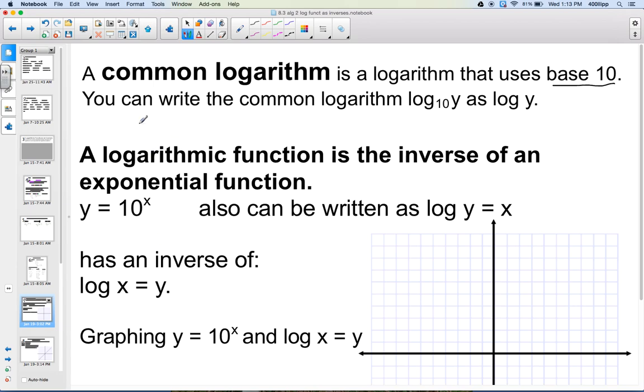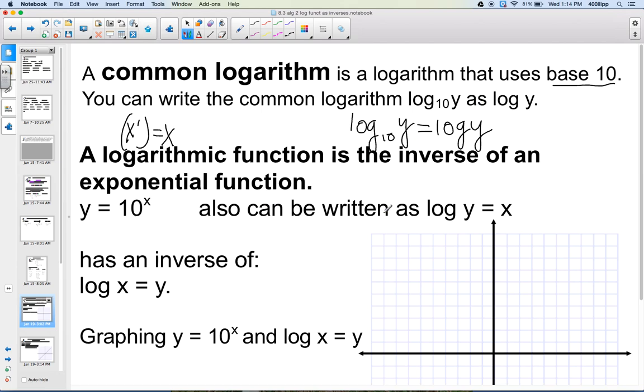It's kind of like when we're used to having, okay, x to the first, we don't have to put that exponent 1, we just know that x to the first is an x. So when we write log base 10 of y, we don't need to put this base anymore. There's no base written in, then it's just known that it's a common log, and it's just log of y is how it will be written.